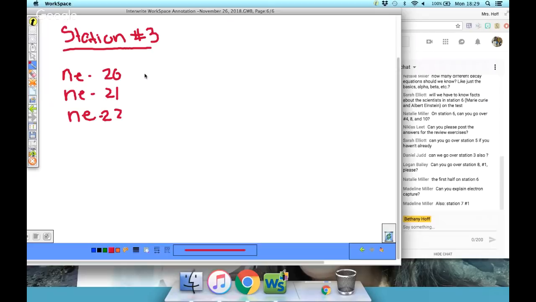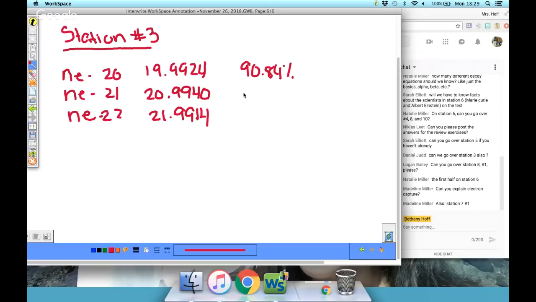We are told their isotopic masses: 19.9924, 20.9940, and 21.9914. And then we're told their percentages: 90.84%, 0.26%, and 8.90%.